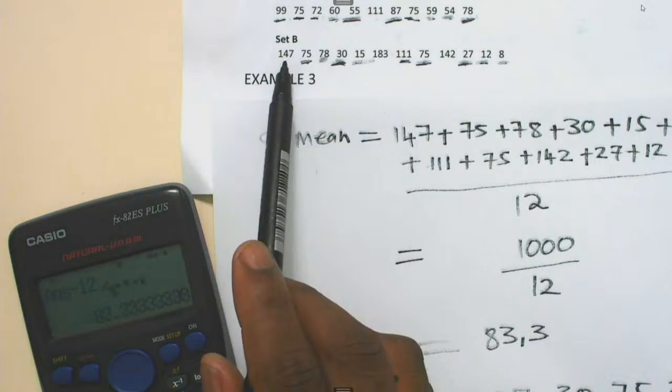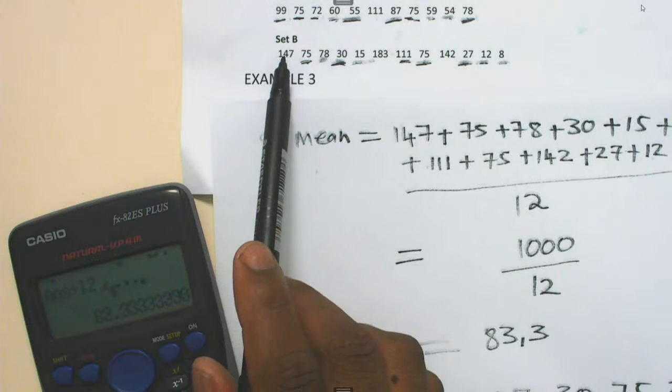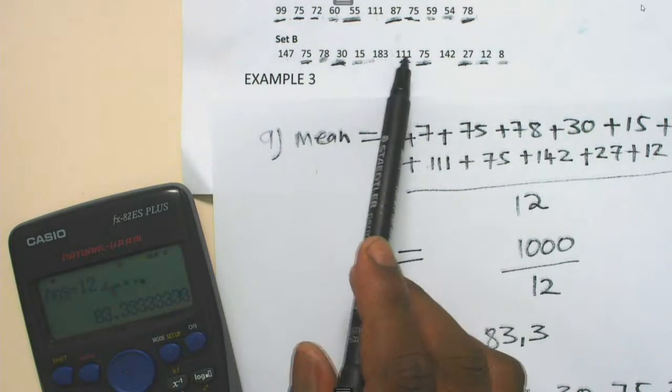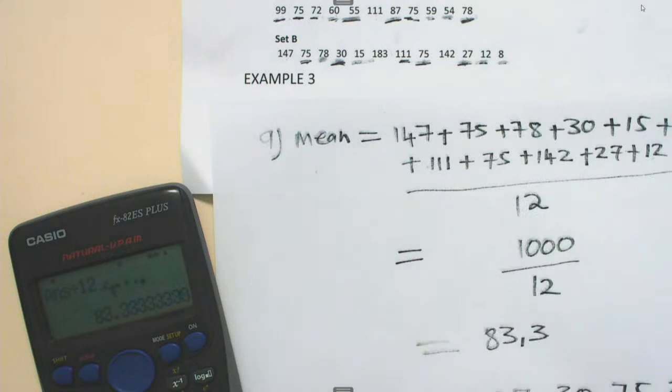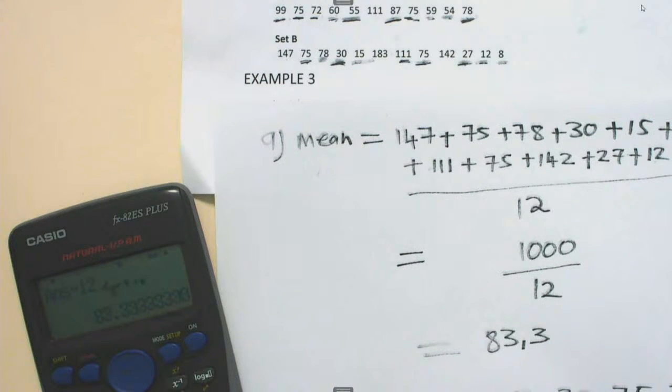So how many values do we have in this data set B? 1, 2, 3, 4, 5, 6, 7, 8, 9, 10, 11. So it simply means we are short of one value. Let us quickly check. 8 is included, 12 is included, 15 is included, and 27 is also included. After 27, we're short of 183, which is the highest value.